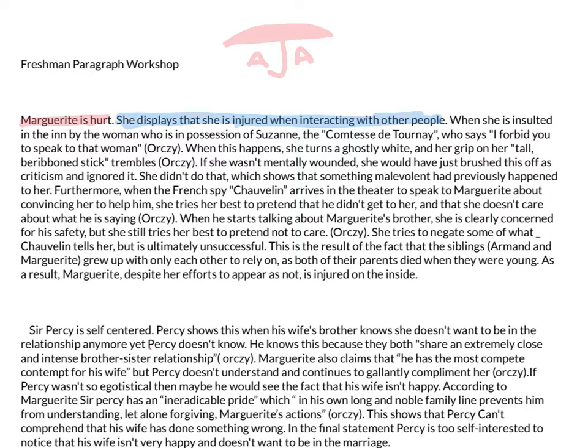What is that? Yep, that is a claim. Now, if it is a claim, what should it be related to? Yeah, it should be related to that topic. Either why is that topic sentence true? How is it shown? So she is hurt.